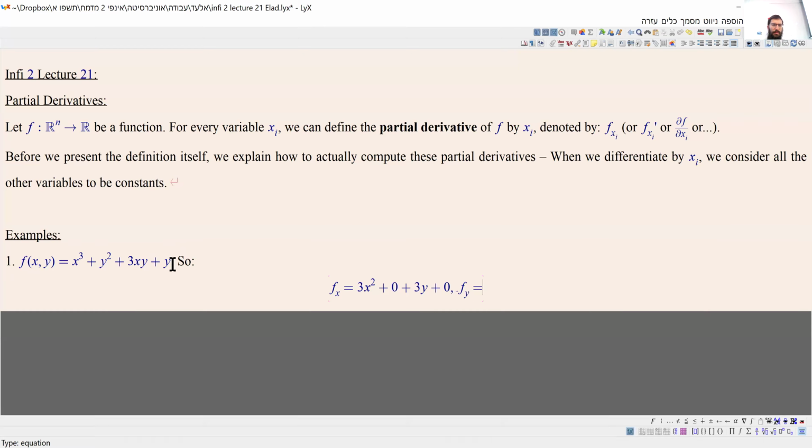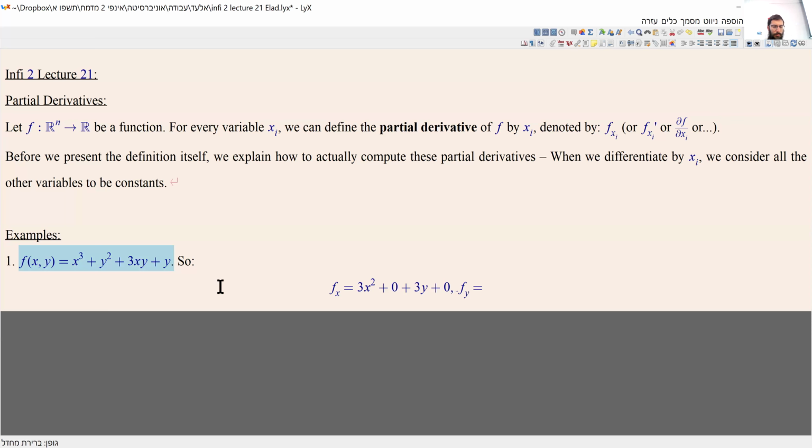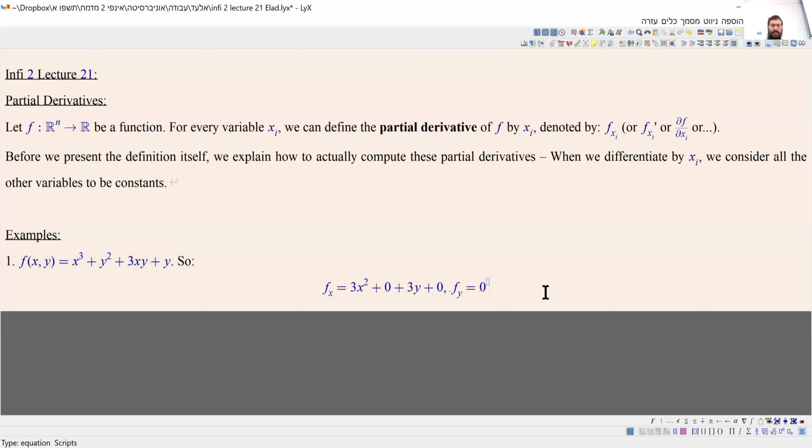On the other hand, if I want to calculate the derivative of f by y, I consider x to be a constant. So the derivative of x cubed is just 0. The derivative of y squared is 2y. And 3x multiplied by y is like 5 multiplied by y, so we're left with 3x.